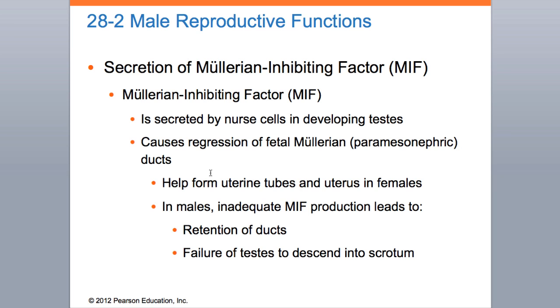Now this is the one I said that you have to make a note of and look at. Here's why. Secretion of Mullerian inhibiting factor. Secreted by nurse cells in the developing testes. That was mentioned already. Look what it says. In males, inadequate MIF production leads to retention of ducts and failure of the testes to descend.